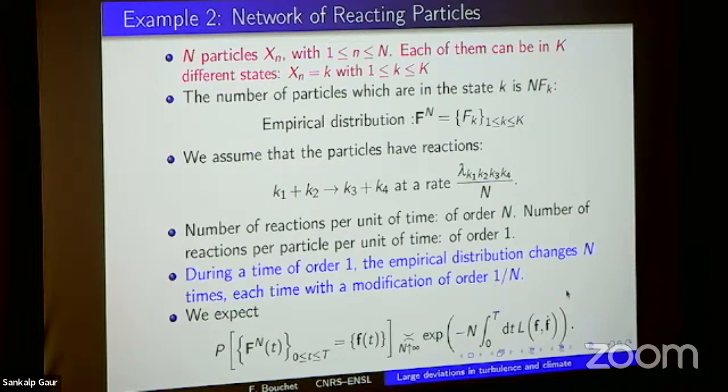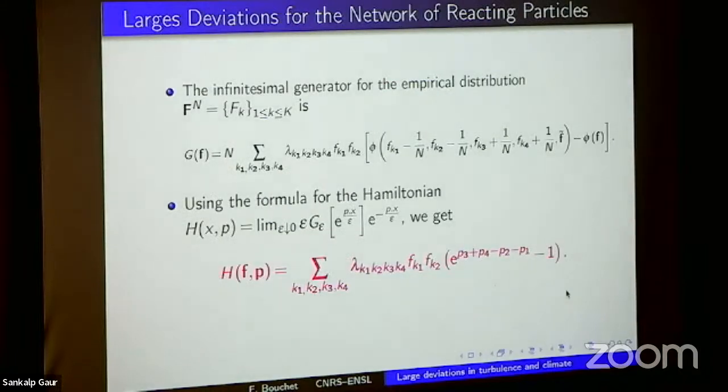So again, I don't do the computation today, but it's easy to write the infinitesimal generator and to use the general formula for the Hamiltonian to compute it.